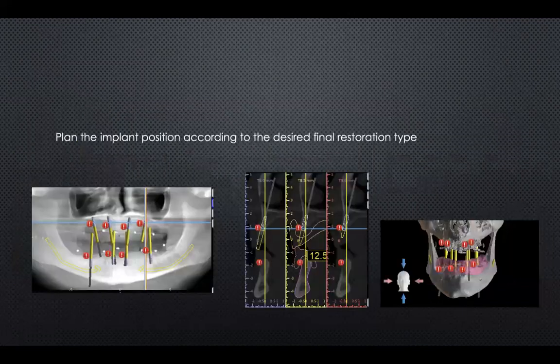So from here, we move to the next step, which is planning the implant position according to the desired final restoration type. What does that mean? We have multiple options in full denture cases. We either do an implant supported overdenture, or we do an implant supported fixed complete denture.